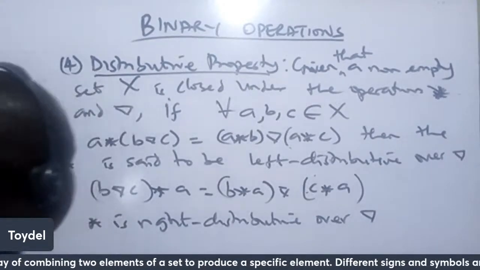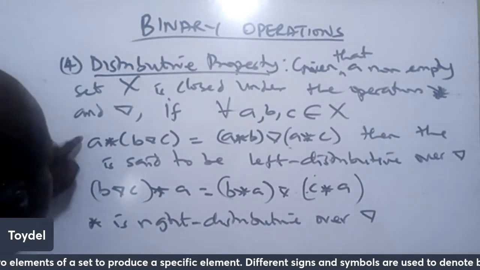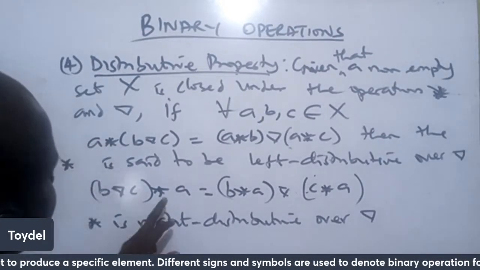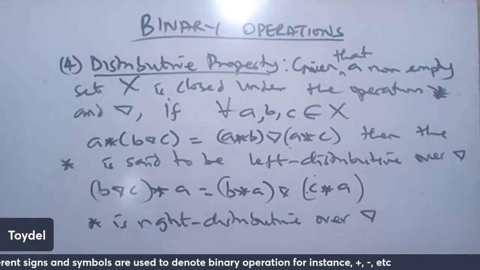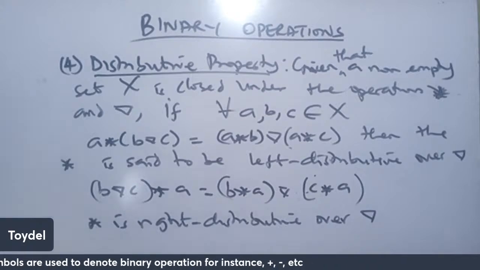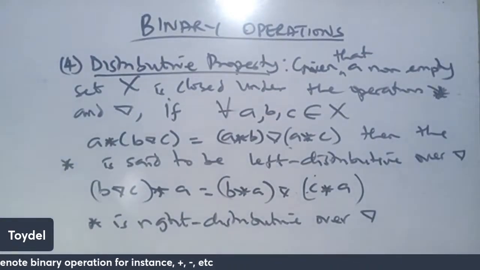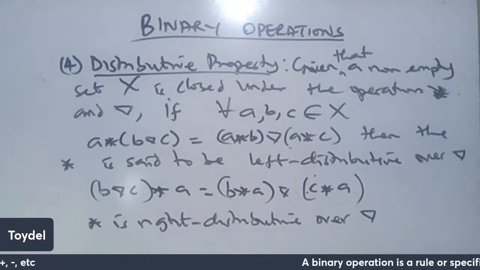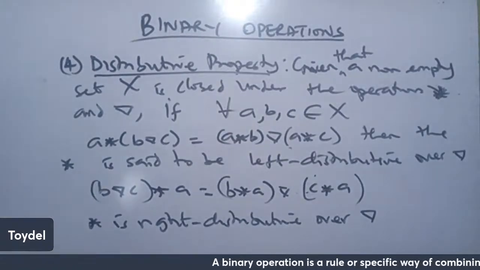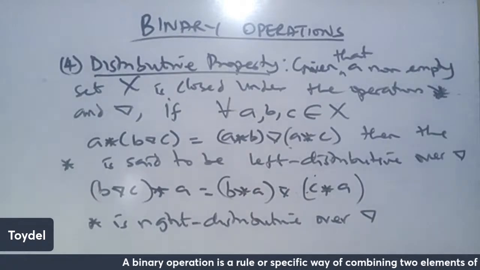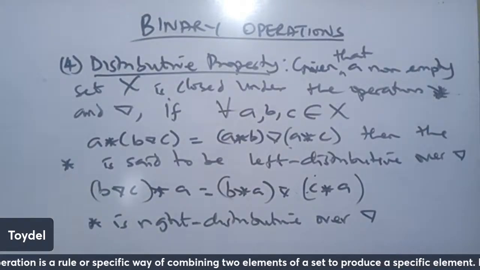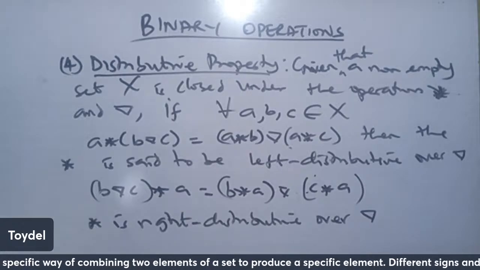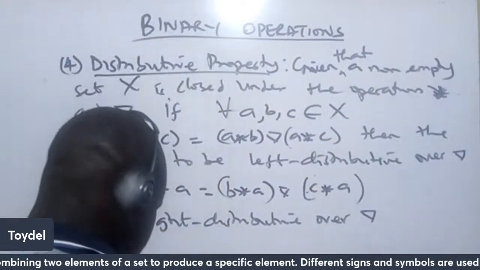When we check the first one, the operation is at the left hand side; here it is at the right hand side. But irrespective of how we have it, we have been able to establish that it is either right or left distributive, that is, the distributive property has been shown, and that is the most important thing under this property.